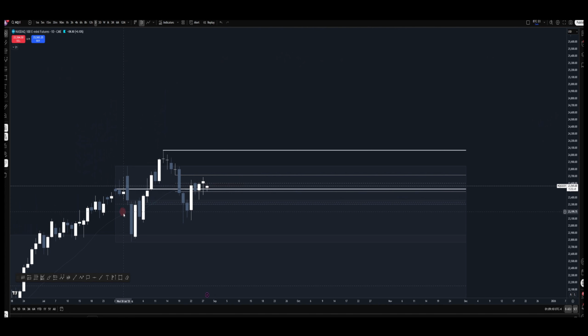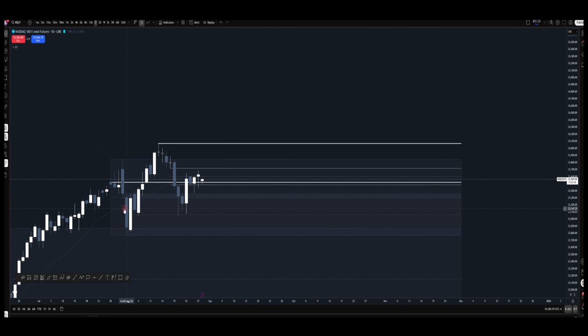Have our main order block here. You can see 50% of that holding.